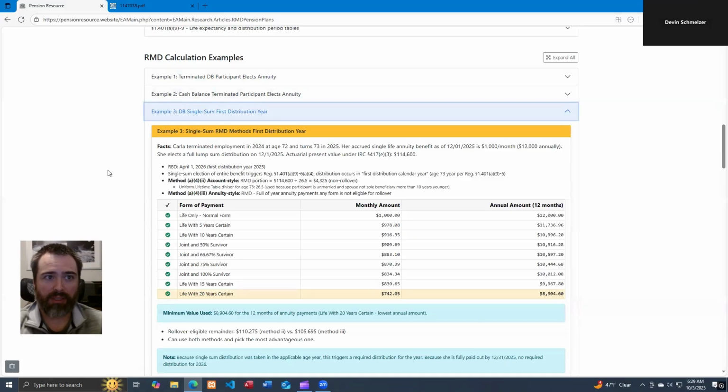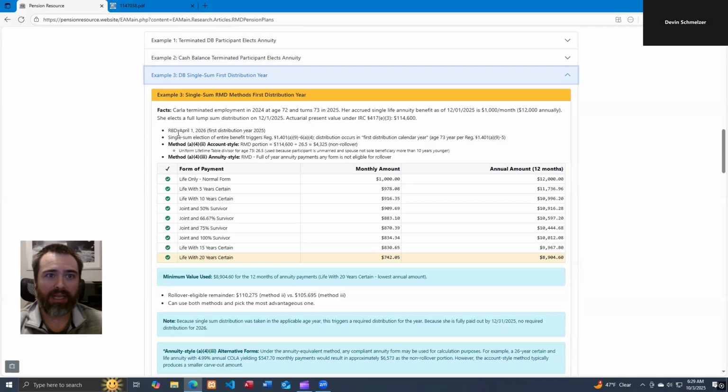Since a single sum is being elected, we get to choose either the account balance rules or use the hypothetical annuity as if they received annuity payments from a form of payment of the plan available to them, and calculate that amount to be backed off the total amount being distributed. Her present value of accrued benefits in this case is $114,000.